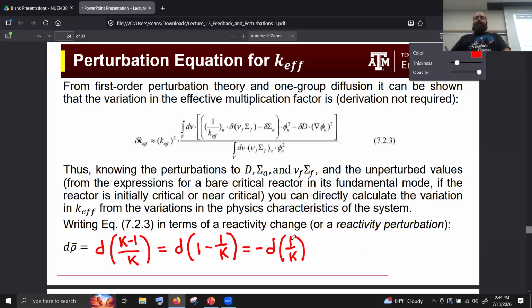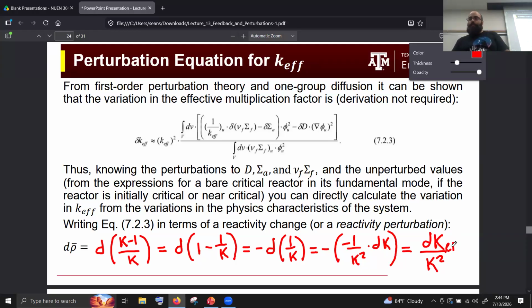Then the derivative of 1 over k is going to be a negative times negative 1 over k squared, and then I also multiply it by the derivative of k itself. That's like doing a chain rule, where I take the derivative of the outside function, keeping the inside the same, so that's the negative 1 over k squared, but then I also multiply by the derivative of that function itself. And these negatives end up canceling each other. So what this ends up looking like is dk over k squared.